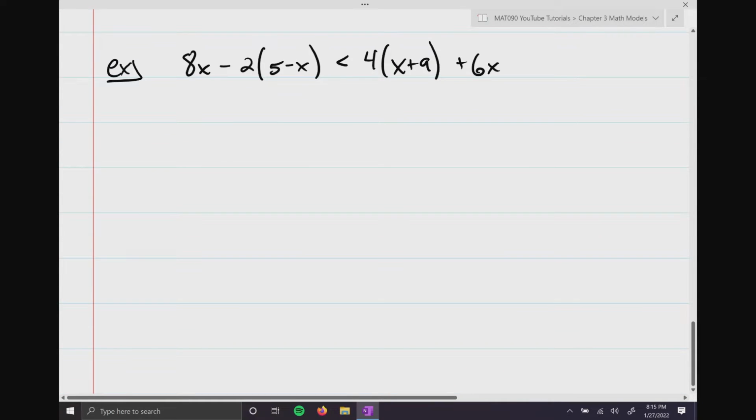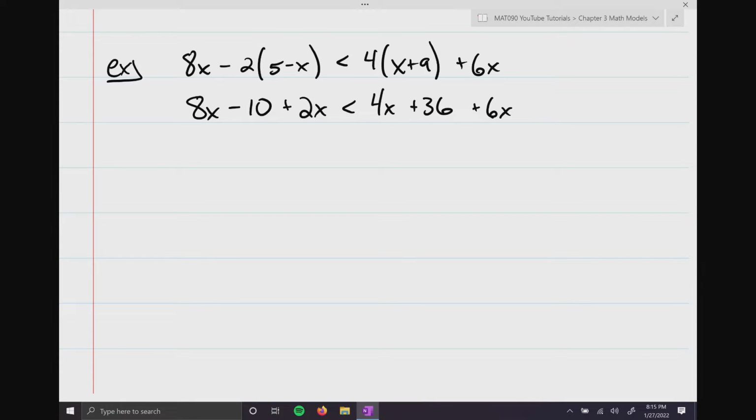So I do not see any fractions, but I do see parentheses, so I'm going to go ahead and distribute. 8x minus 10 plus 2x, which is less than 4x plus 36 plus 6x. Now, I'm going to look at both sides, and I'm going to say, can I combine anything on the left-hand side?